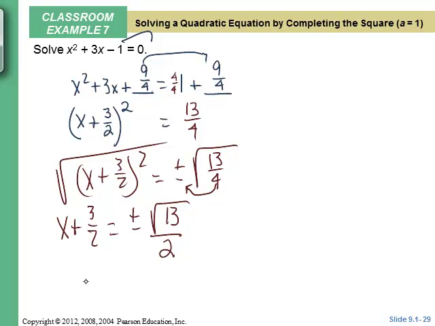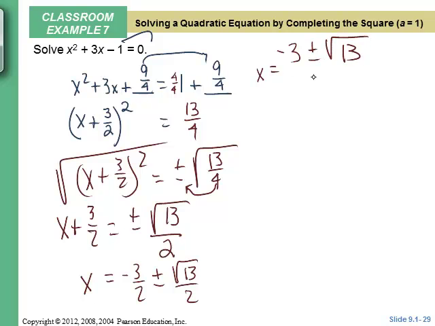Now, I subtract 3 halves from each side. X equals negative 3 halves plus or minus square root of 13 halves, which we could write as negative 3 plus or minus square root 13 over 2.